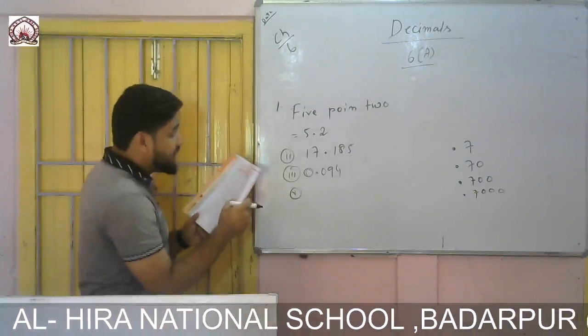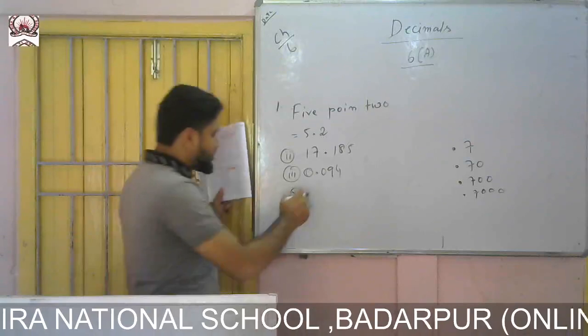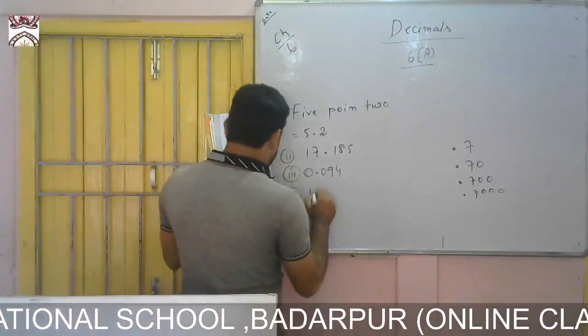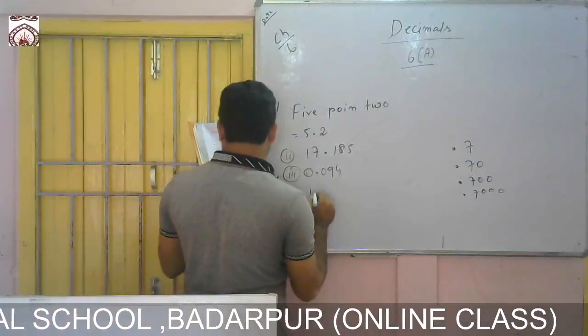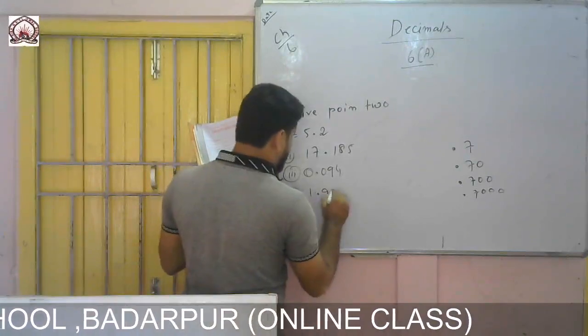So 1 and 98 hundredths, that means 1.98.